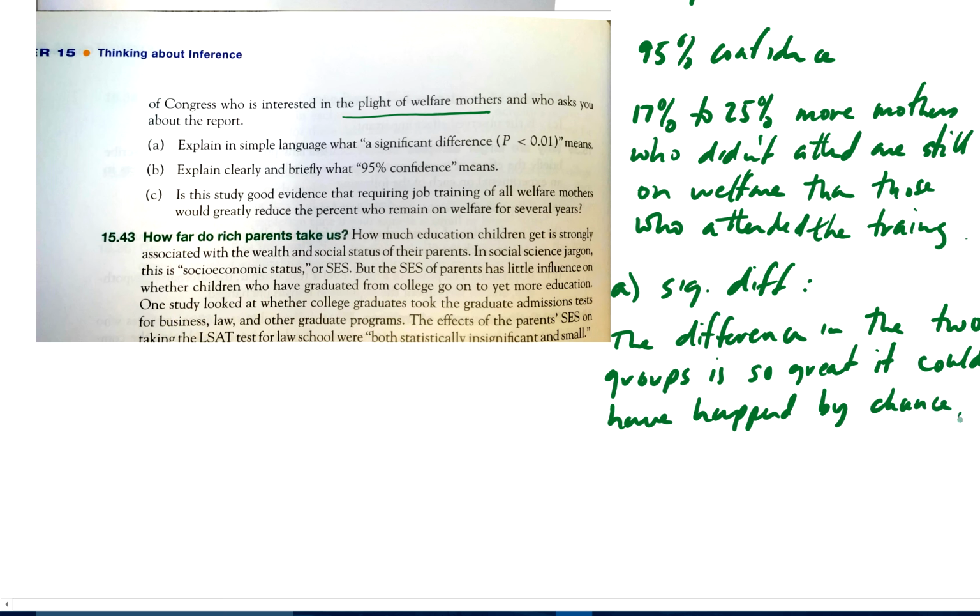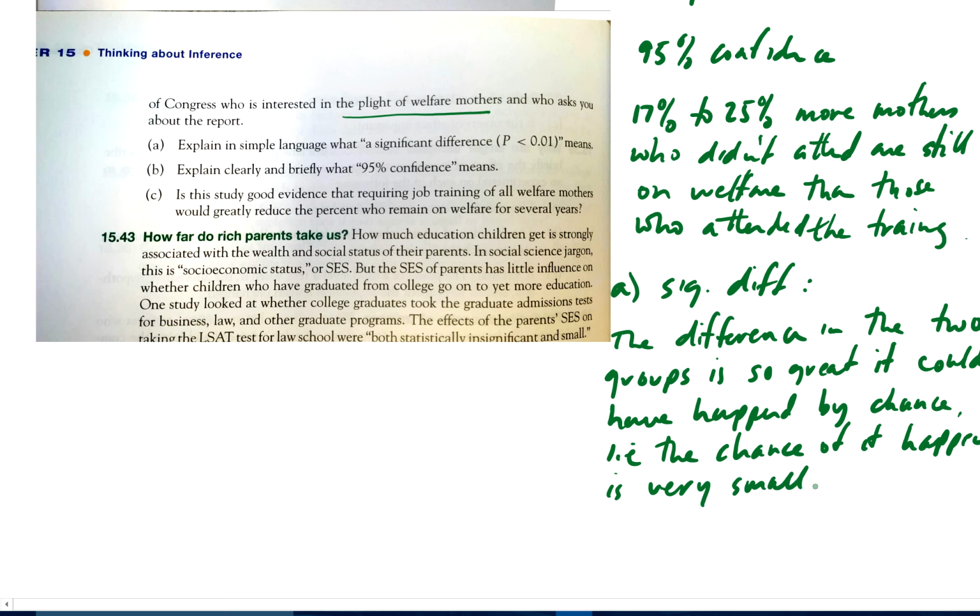Or at least if it did, the chances of it happening are so small. Okay? The chance of it happening is very small.